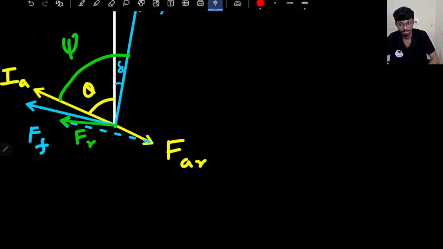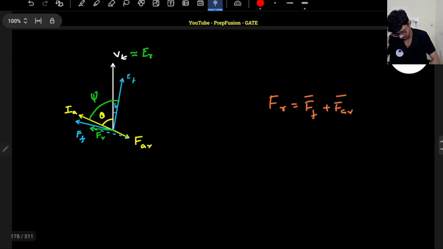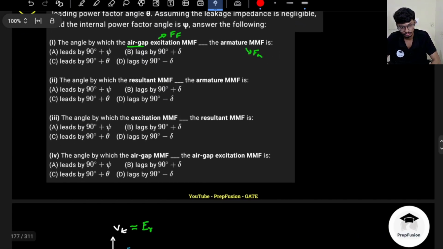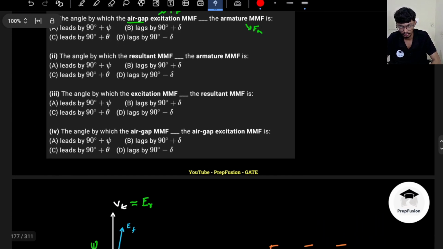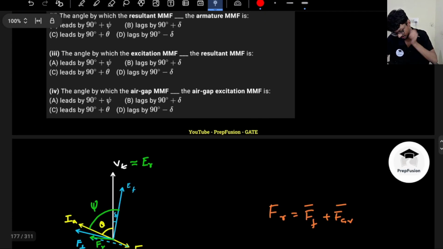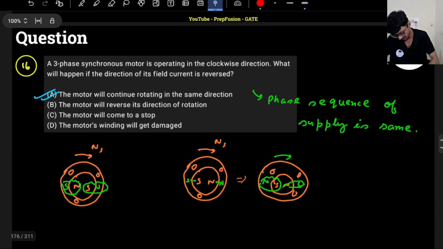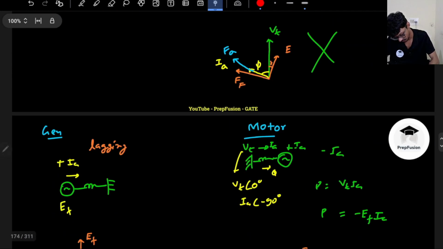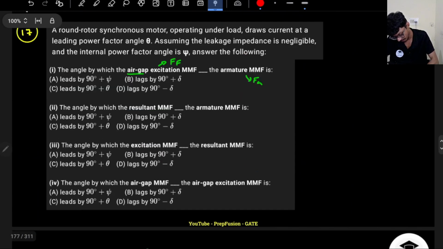The angle was 90 plus xi. So here the angle will be 90 plus xi. We derived this in the previous one. What was the load there? The load was leading. Here also the load is leading only. So I can derive it again.